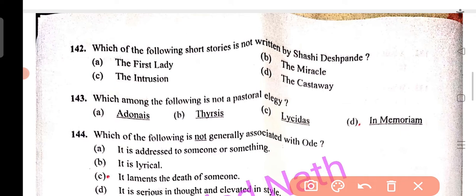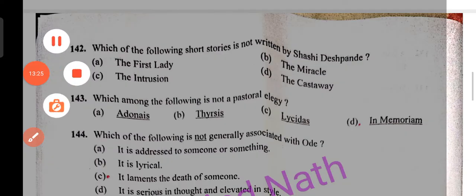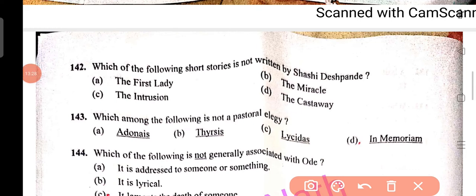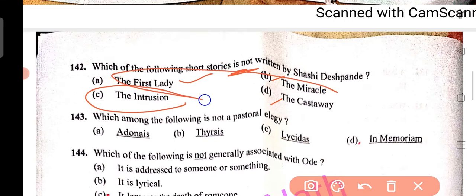So its right answer will be option A, B, and C, because in the question it is written that the following short story is not written by Deshpande, but in these options Shashi Pandey wrote this, and these three are not written by Shashi Deshpande. So the framing of this question is not correct, I think.